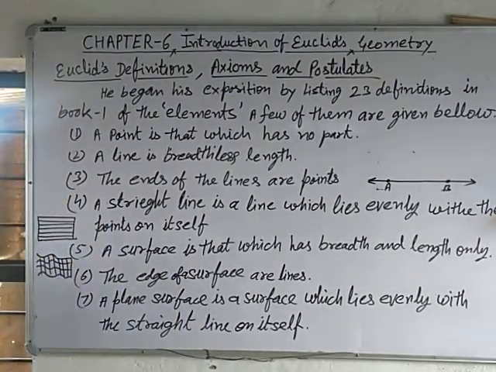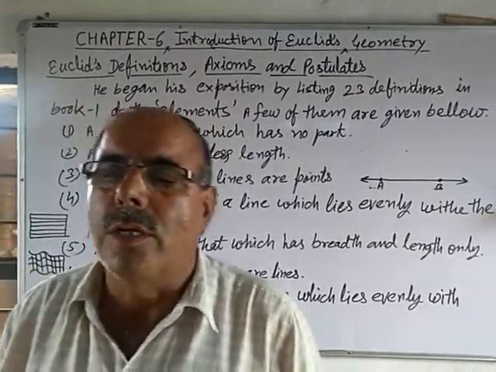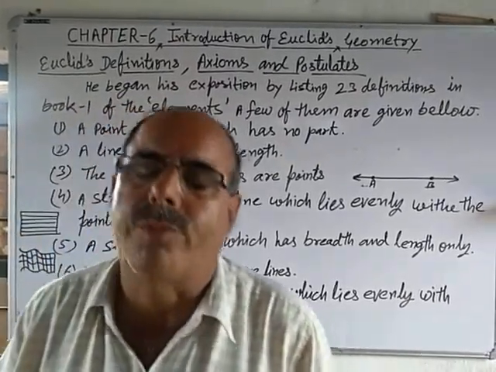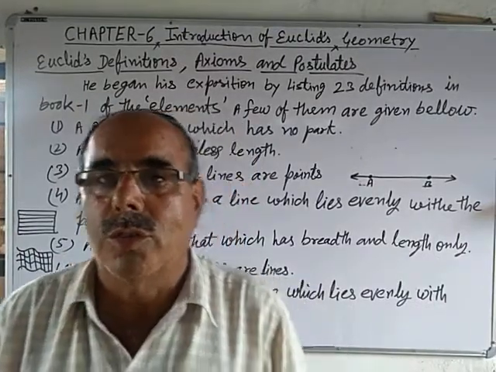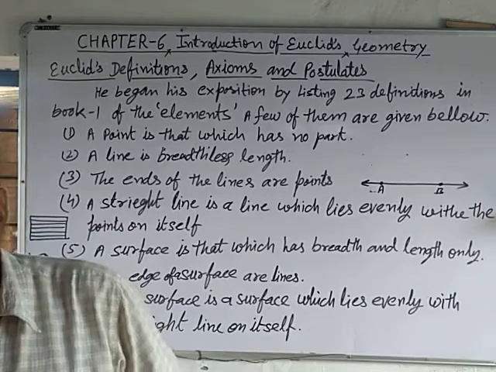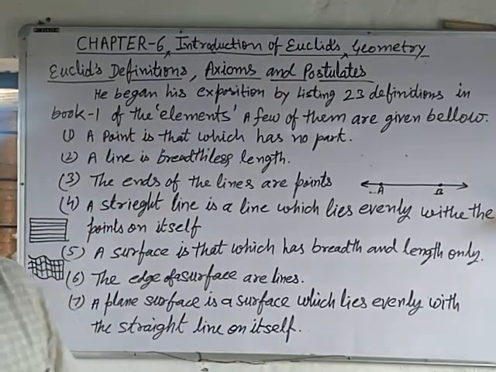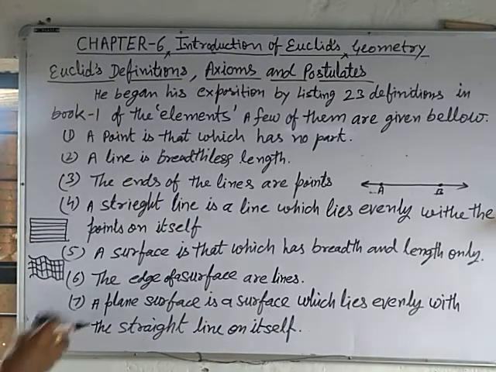Now we will discuss the axioms. The thoughts that are always true are called axioms, Euclid's axioms.